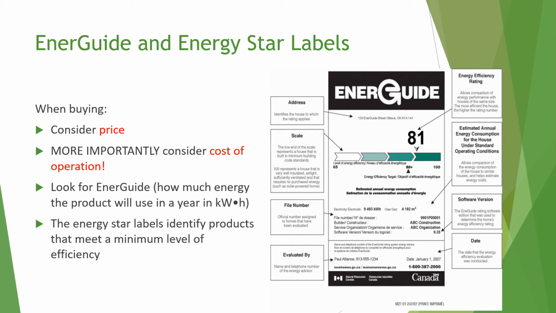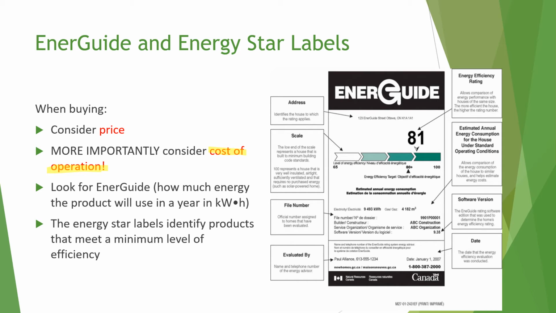Okay, so the EnerGuide and Energy Star labels, some of you have probably seen this before. When you're buying different appliances like a dishwasher or a washing machine or a dryer, it's very important to consider the price, but it's also much more important to consider the cost to operate that appliance or device.